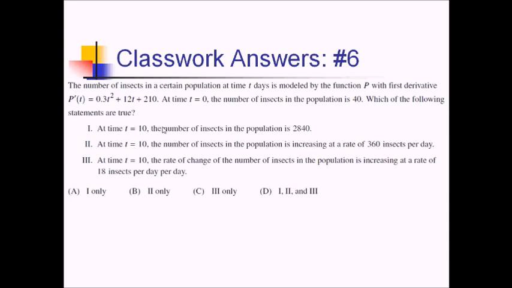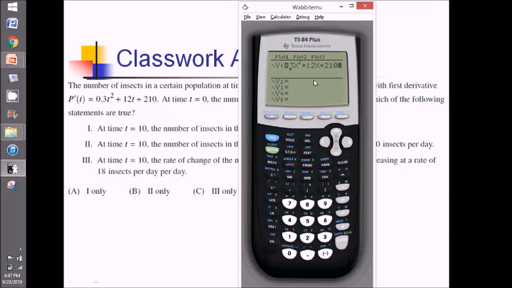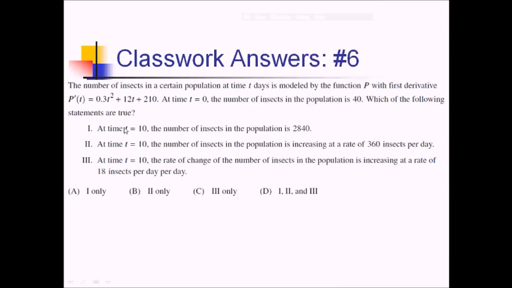So let's actually put this on our calculator in order to figure out all of these different things. I've entered this on my calculator now, so I can use p prime whenever I want. Now, for the first part, we have to figure out p of 10. That's going to require the FTC. We're going to have to do the initial value at 0, which is 40, plus the integral from 0 to 10 of p prime of t dt.